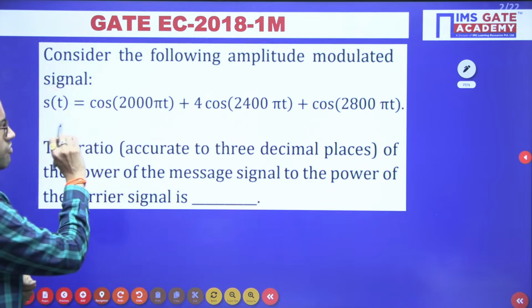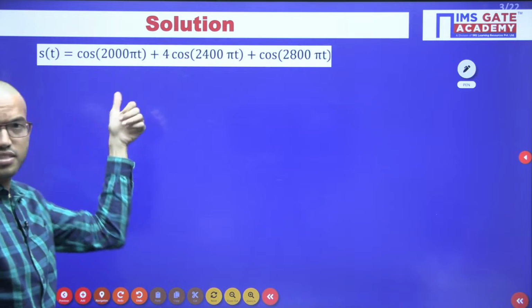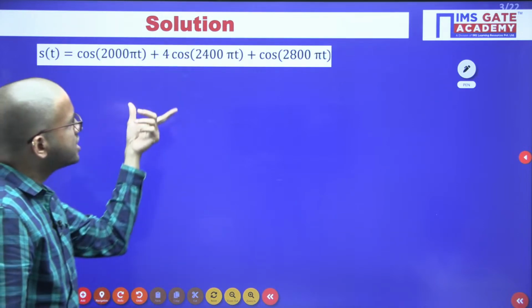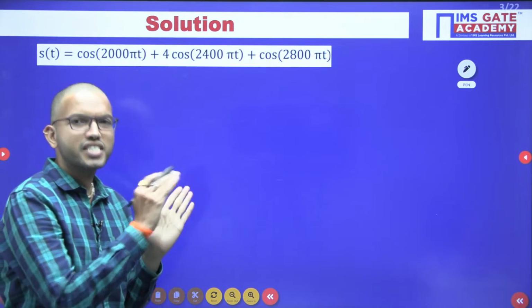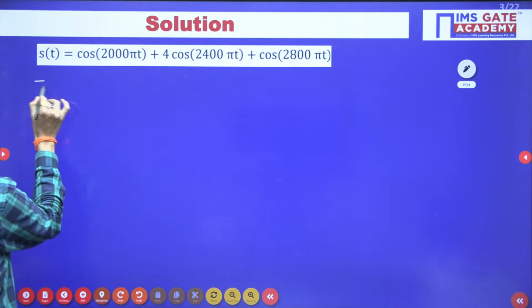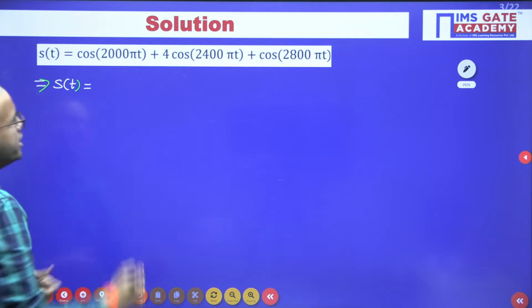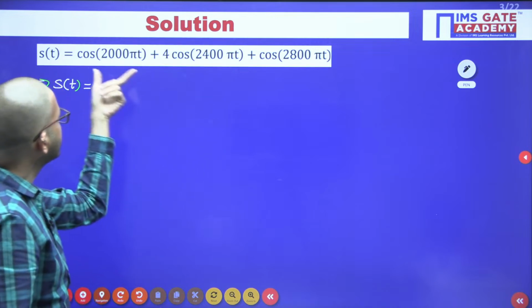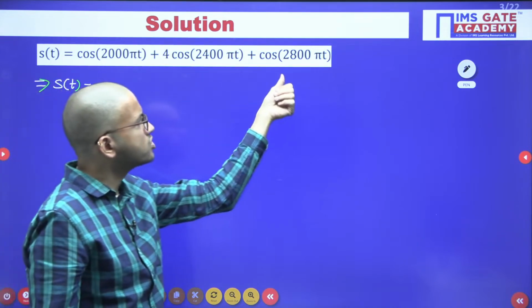Whatever equation they have given, I have written here as it is. This is the AM signal they have given. For the time being, I am modifying this equation into the standard format. Just observe the frequency terms: 2000 pi t, 2400 pi t, 2800 pi t.